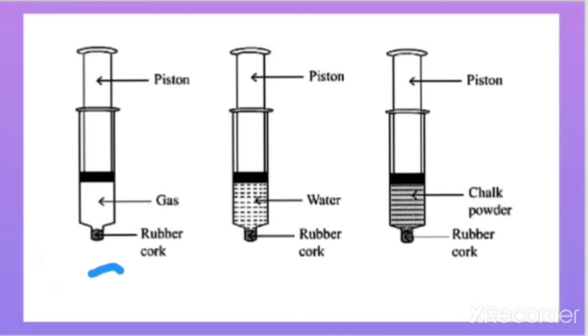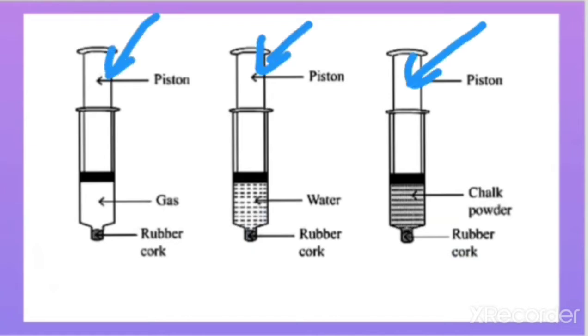One of the syringes should be left untouched. That means nothing should be filled in it. But in the second we have to fill water, and in the third syringe we have to fill chalk powder. Now you have to keep the piston after filling the content.